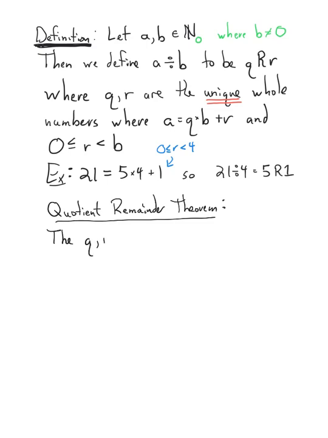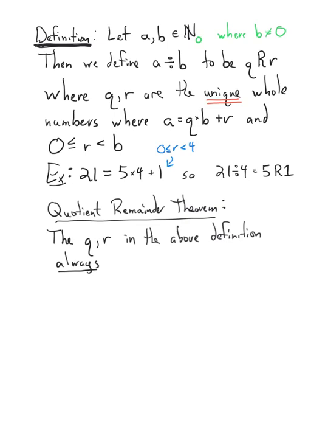So the quotient remainder theorem basically says the quotient and remainder, the Q and the R, in the above definition always exist. So they're always there. That is, you can divide any two numbers, A and B, as long as B isn't 0.